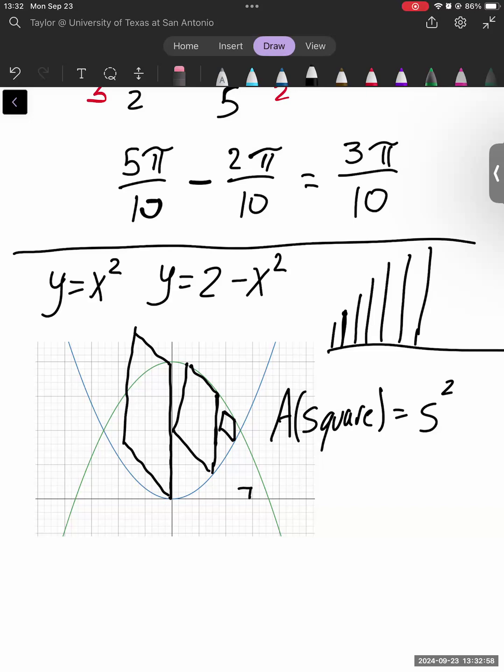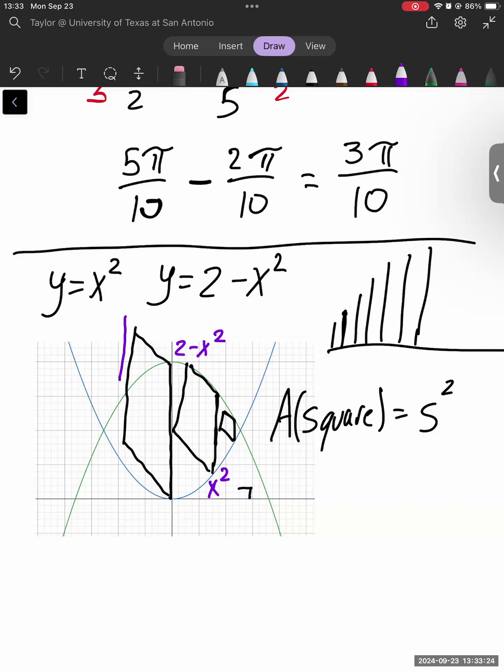All right. So in this case, because we're doing squares perpendicular to the x-axis, we have the beauty of taking advantage of our horizontal line test. I'm going to write these in purple. I've got 2 minus x squared here in green, and I've got x squared here in blue. And I'm going to draw my horizontal line test.